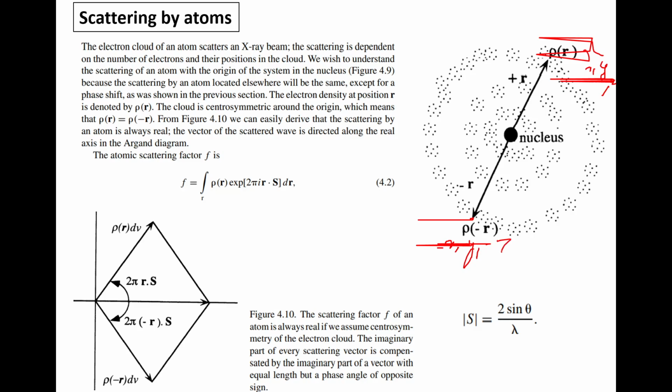If these two points are connected, this will form an inverted center, the center of inversion. Here we are considering the center of inversion as the nucleus of the atom, and each of the electrons inside this atom are centrosymmetrically connected with one another.